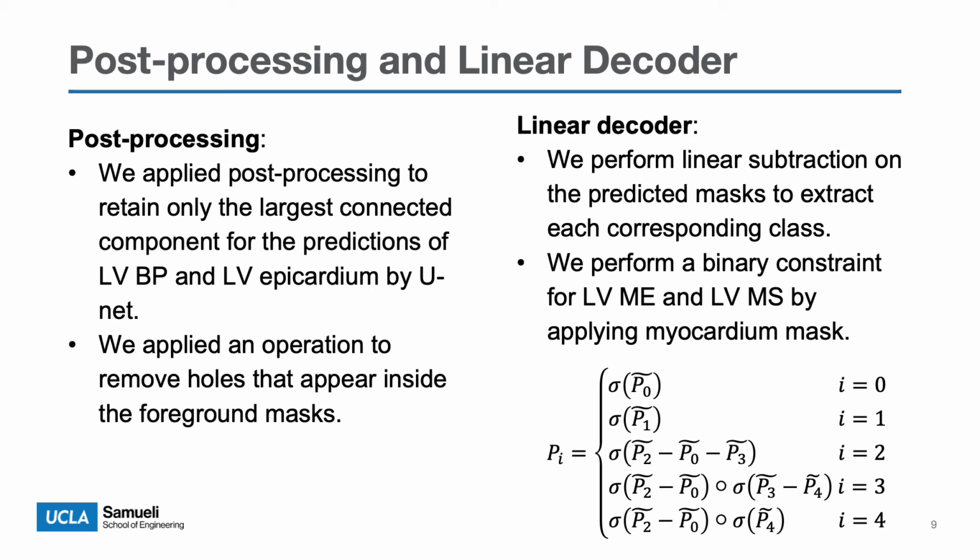In the equation above, sigma denotes the binary activation with threshold 0.5 and the center dot denotes the element-wise multiplication. Pi tilde denotes the predictions after post-processing, and Pi denotes the final prediction masks.